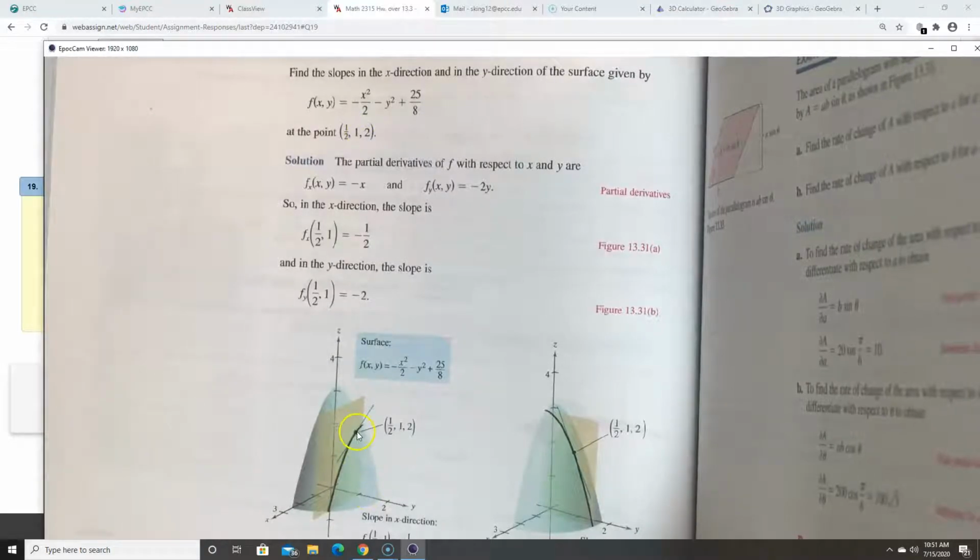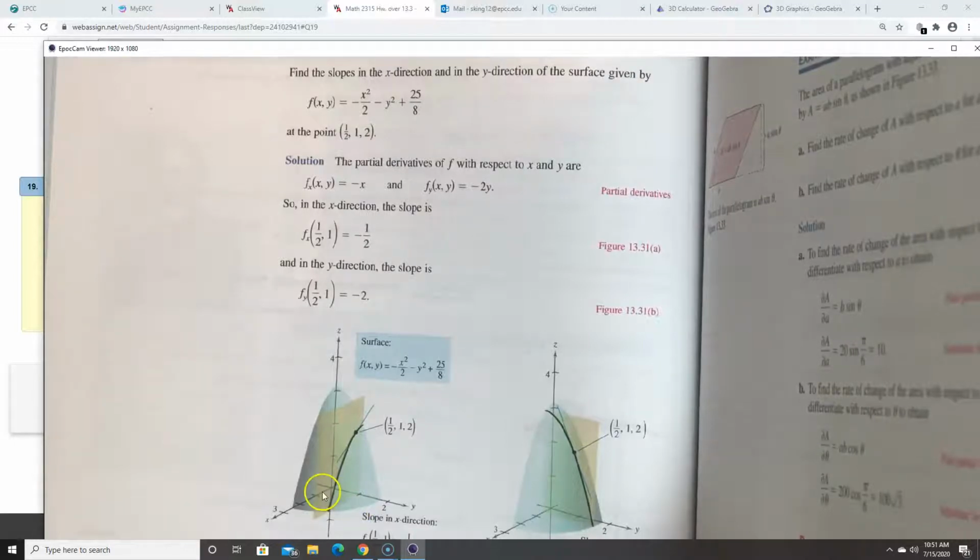And here is that point on the surface. Straight down would be the x y coordinate point, 1/2 and then out 1, roughly in here somewhere, and then you go straight up to the surface, and there we are. You can see they cut through with the vertical plane at y equals 1.